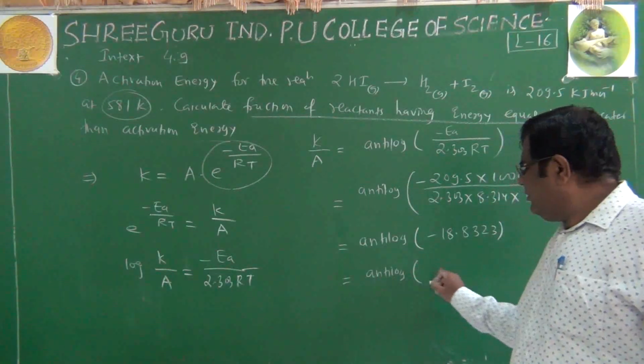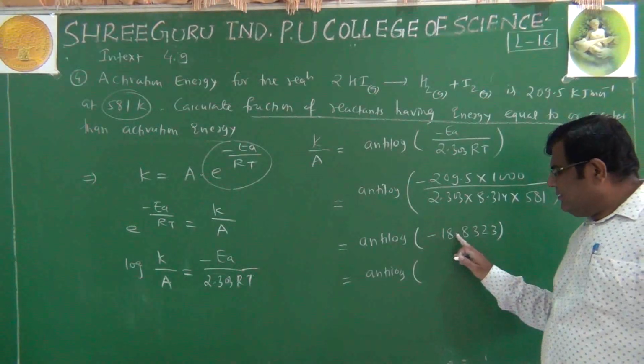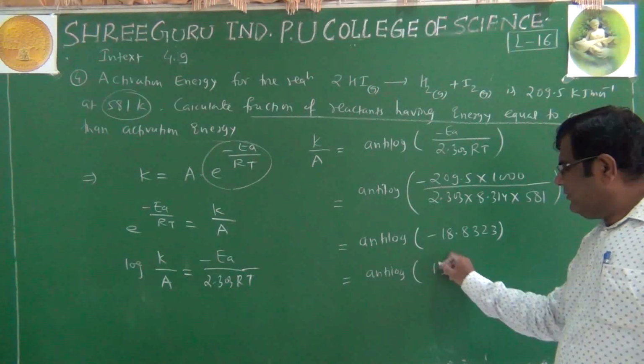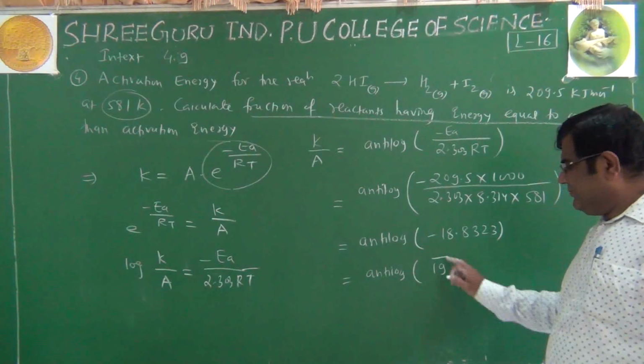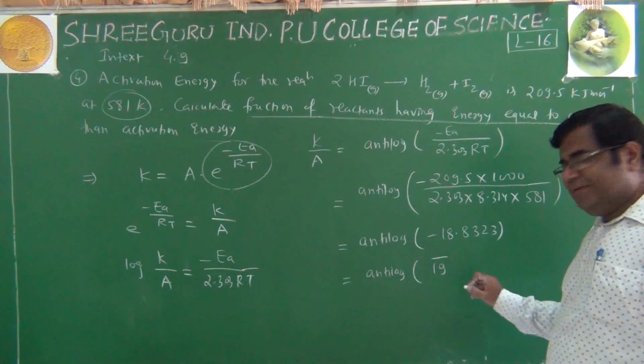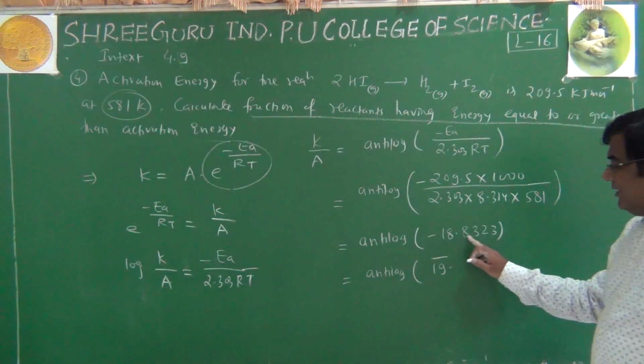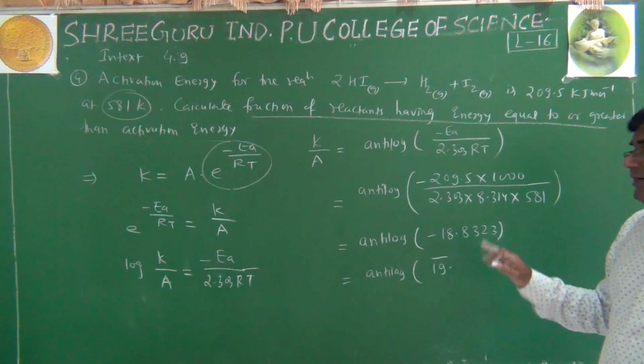For the antilog, we should add 1 to this digit which is before the decimal, 18 plus 1, 19. We should put a bar on it for this negative side. As we added 1 here, this 8323 should be subtracted from 1.